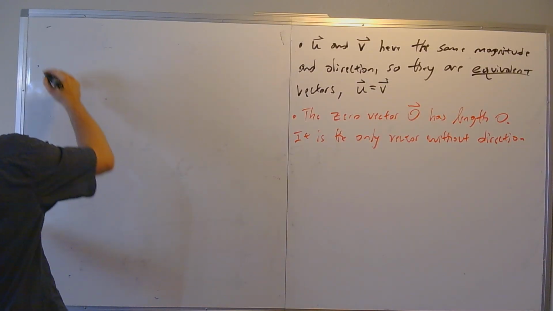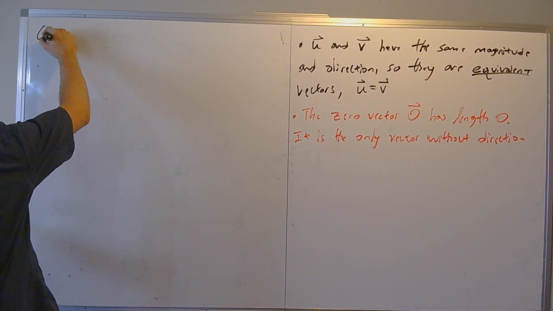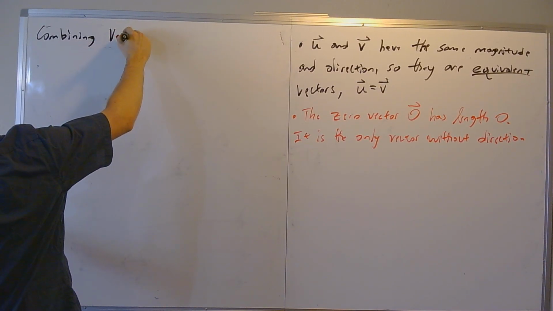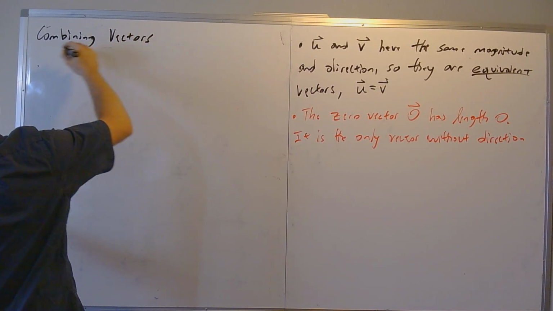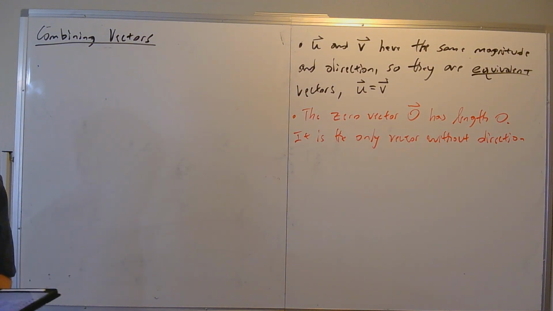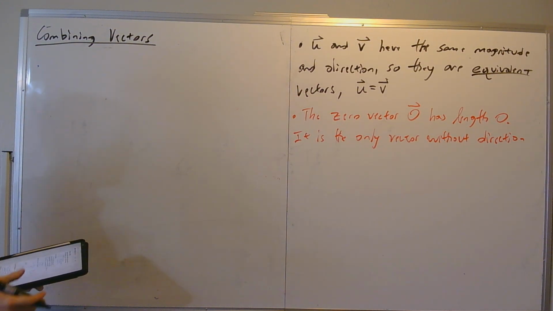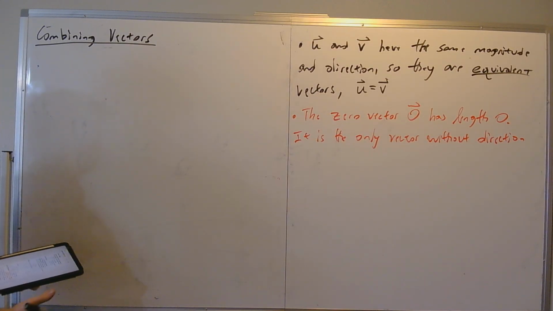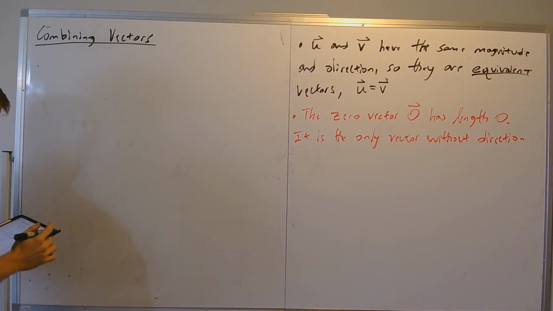So I'll say here the next thing is on combining vectors. And certainly a lot of things are actually vectors, right? We said velocity, force, displacement. There's a ton of examples of vectors, so they're very useful. And we're looking at combining vectors.